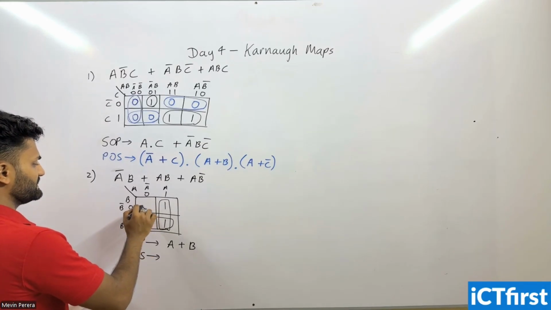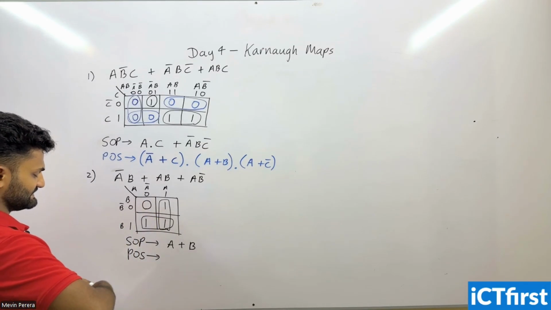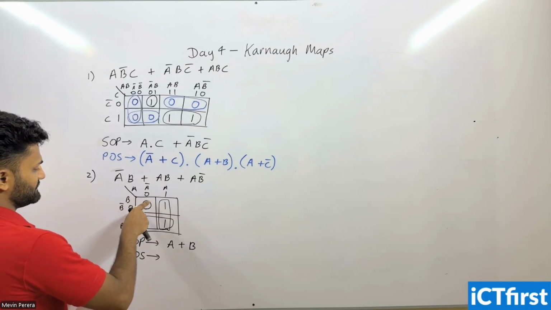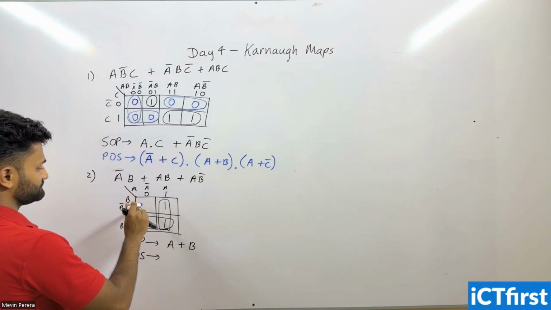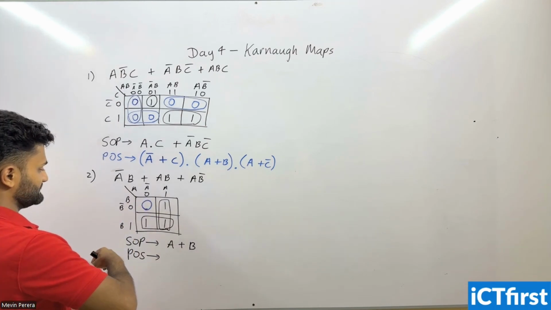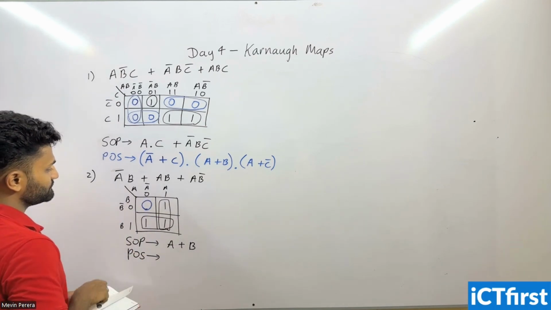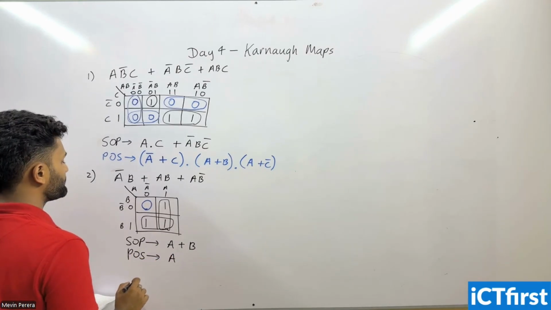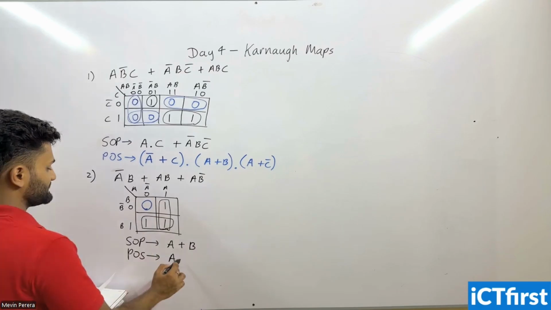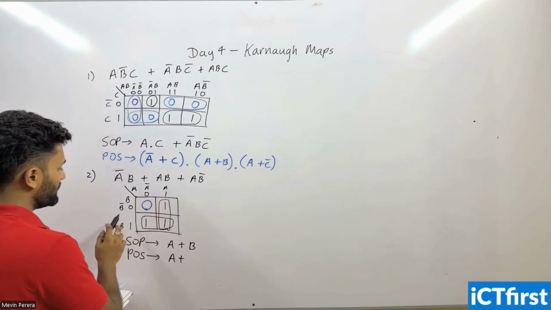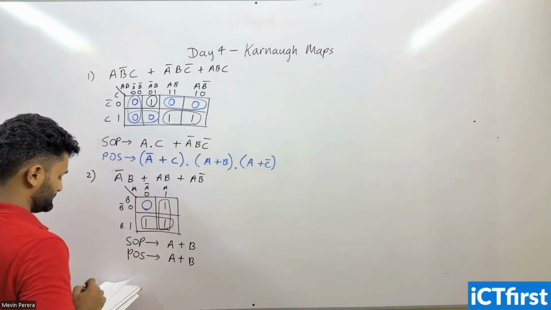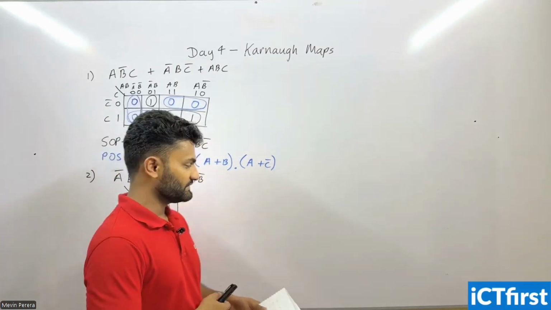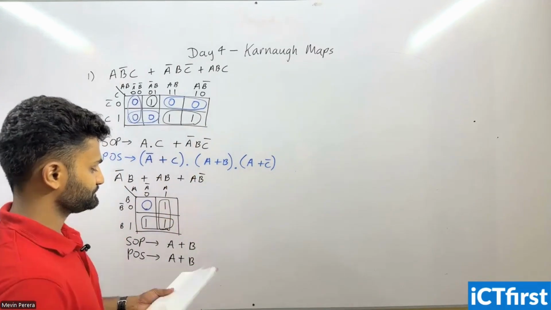We will be getting the same answer because since it is a very small one, POS will also be the same. Okay, so it's a single group. So instead of A bar, we are supposed to put A. And then for the other side, we got B bar. Instead of B bar, we are writing B. So, in that case, since it is a very small one, we are getting the same answer.